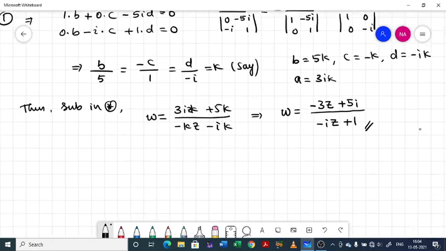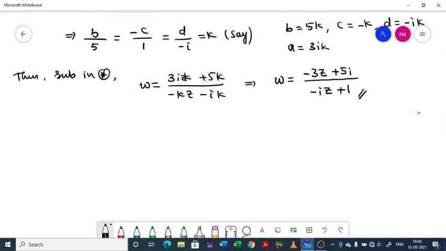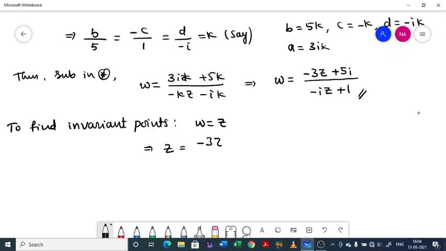To find the invariant points, we have to let w equal to z, so that implies z equal to (minus 3z plus 5i) divided by (minus iz plus 1). So it will be minus iz square plus z plus 3z minus 5i equal to 0.